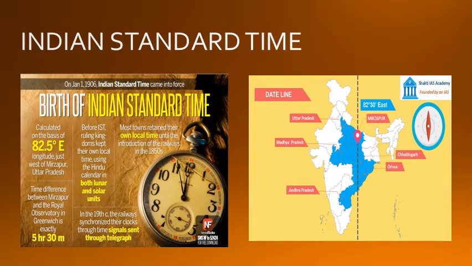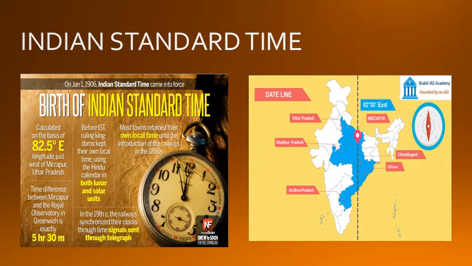The local time is based on the meridian of a place and is different on different meridians. There would be great confusion if all places on different meridians followed their own local time.